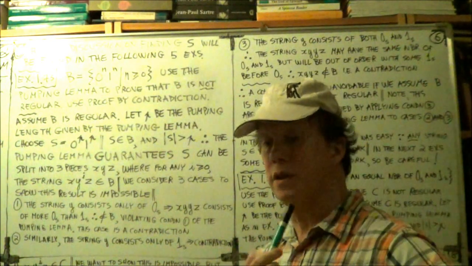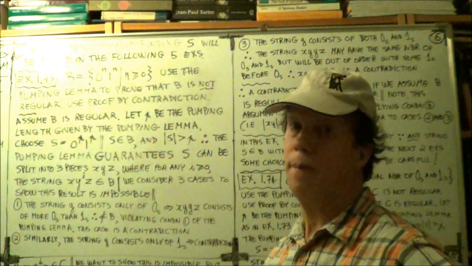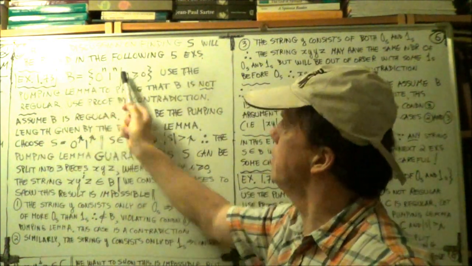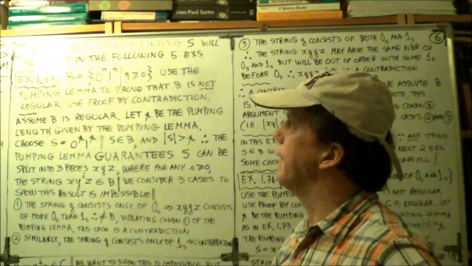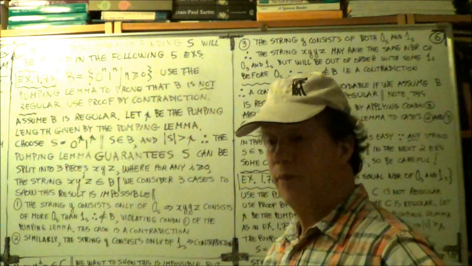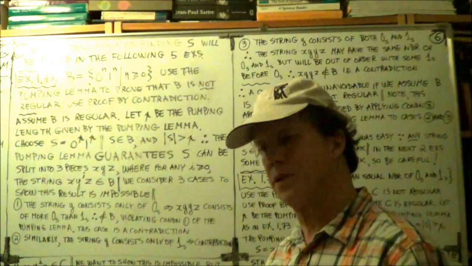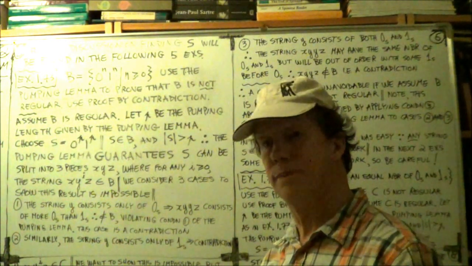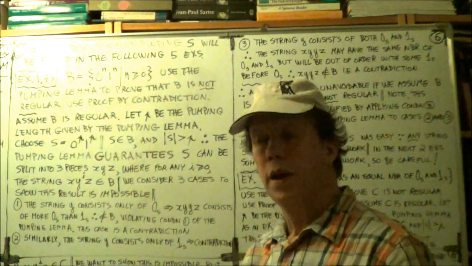You'd need an infinite amount of memory to recognize such a language. So we're trying to prove that this language B, with strings having this property, cannot be recognized by a DFA. In other words, it's non-regular. So we have to prove that B is non-regular.